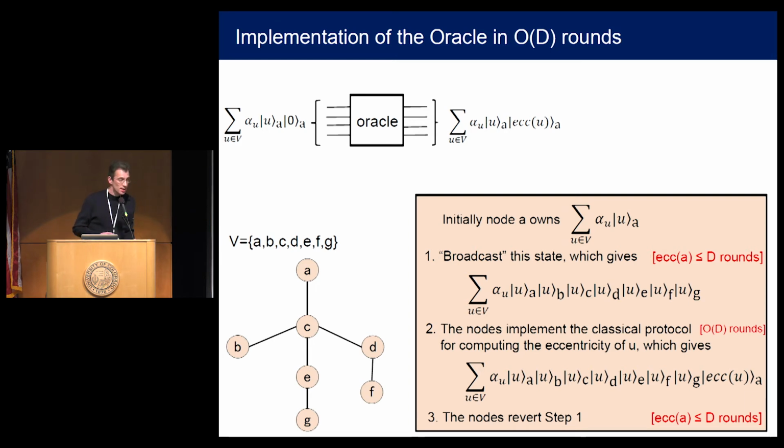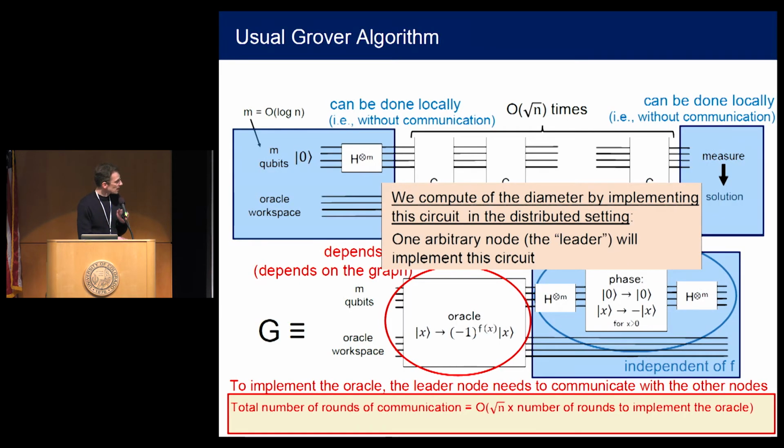And the fact that we are working on a quantum superposition does not lead to any interference or to any further congestion, because we are working in the computational basis. Okay, so the conclusion is that you can implement one call to the oracle in D rounds, so you get this complexity.